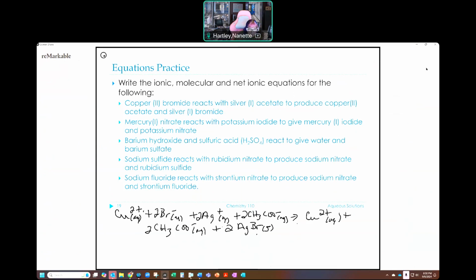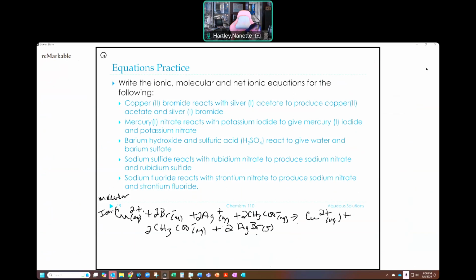Now, if I wanted to write a molecular equation for this, I'm just going to put it above: molecular here, ionic here. That's typically the way we write them: molecular, ionic, net ionic.